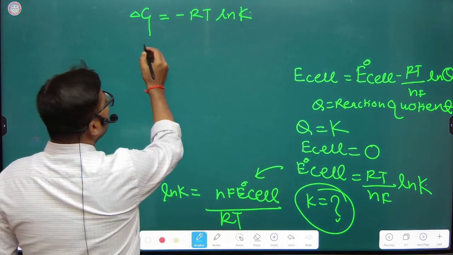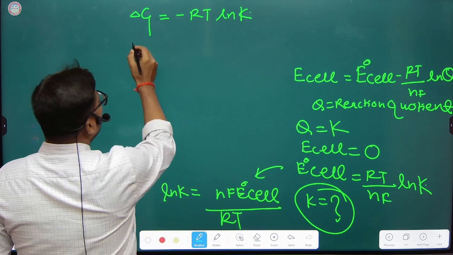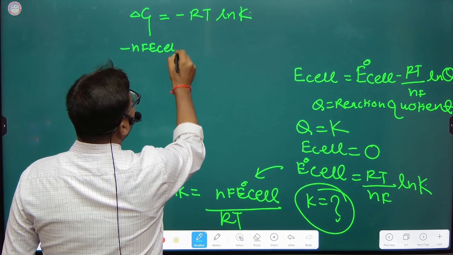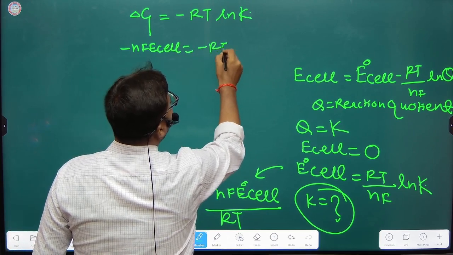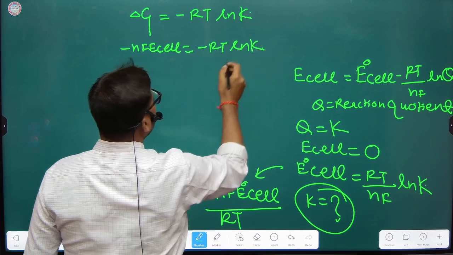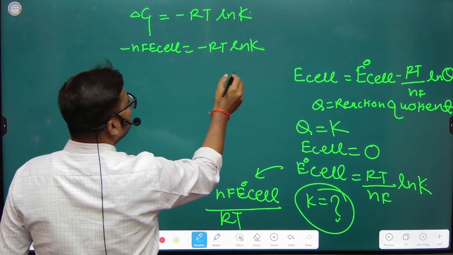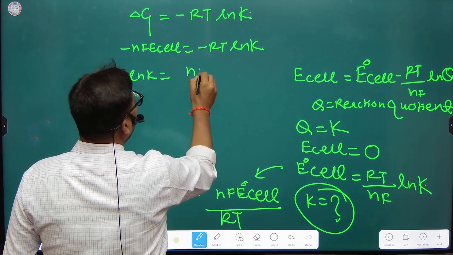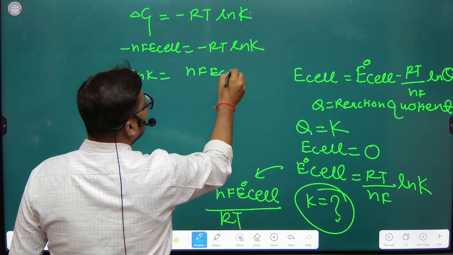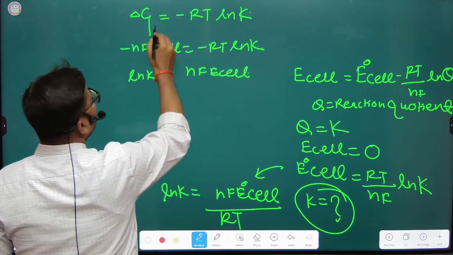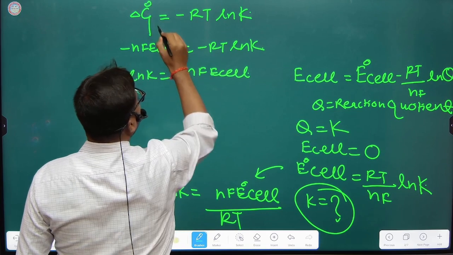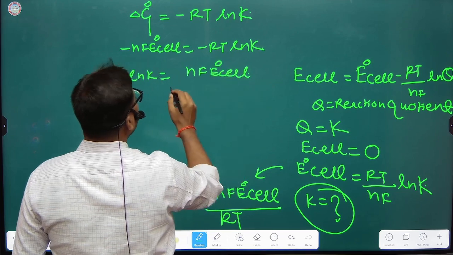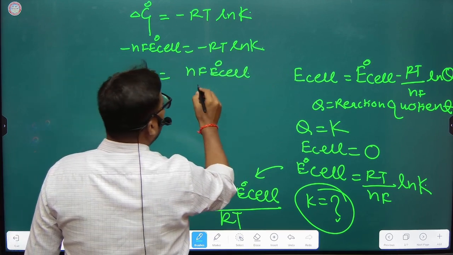And here you know that delta G is equal to minus nF E cell, and also delta G is equal to minus RT ln K. So here again ln K is equal to nF E cell upon RT, at standard state.